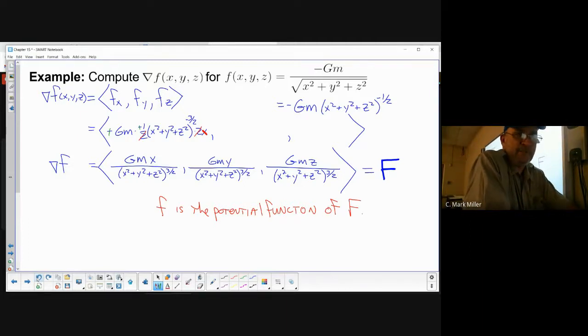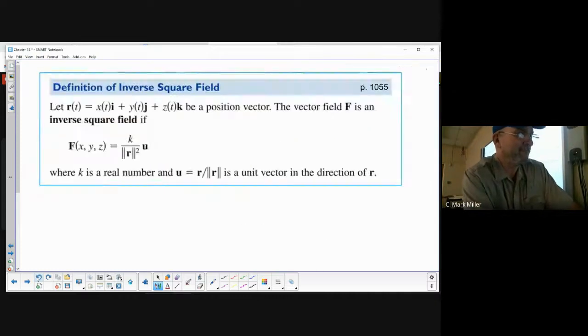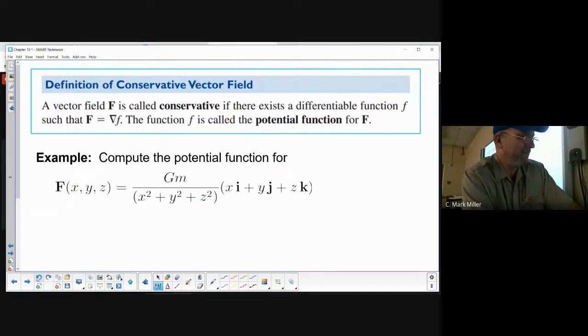Little f is the potential function of big F. Capiche? Right? To channel my Neapolitan mother-in-law, late Neapolitan mother-in-law.